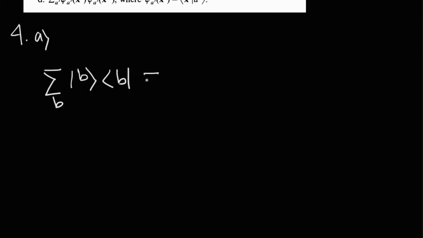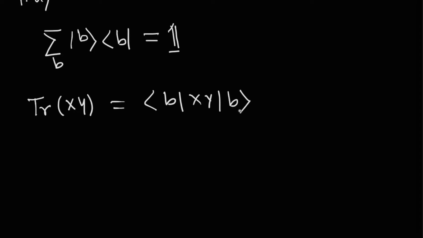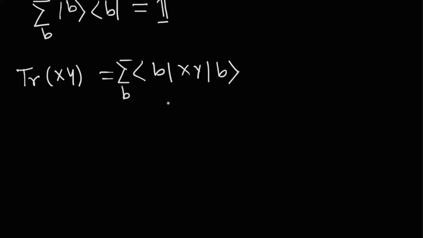That means the sum of |b><b| is equal to the identity operator. Now trace of XY is equal to the summation over all basis states of <b|XY|b>.